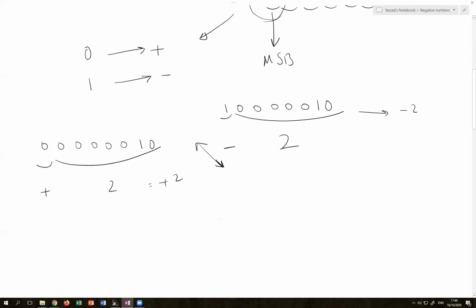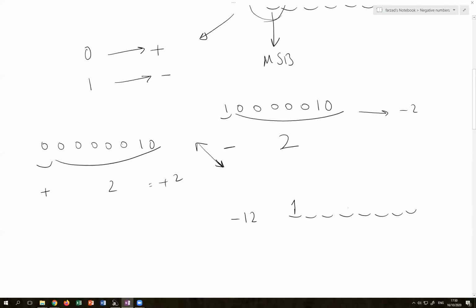If I want to show you 12 and minus 12 in sign magnitude, let's start with minus 12. I should have 8 bits. Because it's negative, immediately I make the MSB 1. That shows the negative number in the sign magnitude technique.